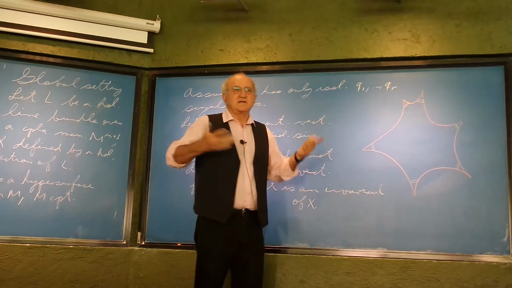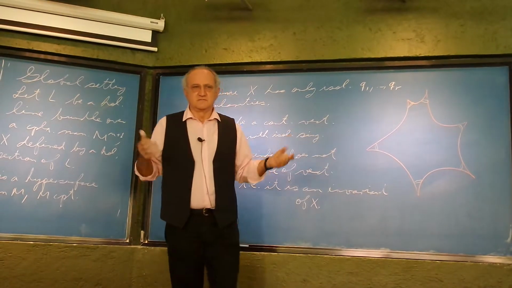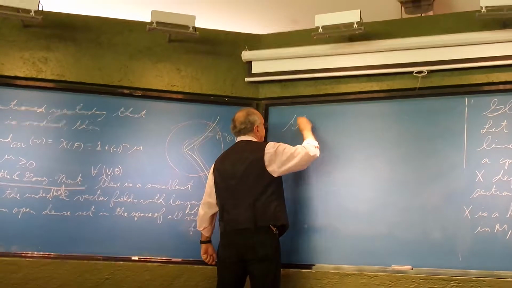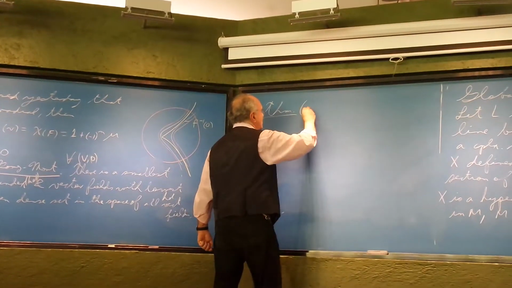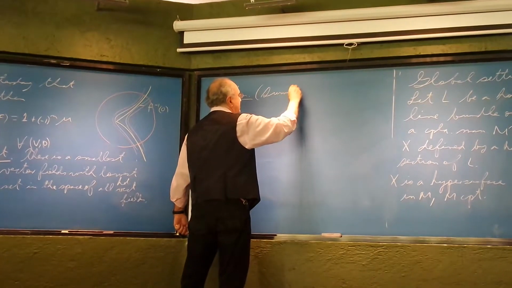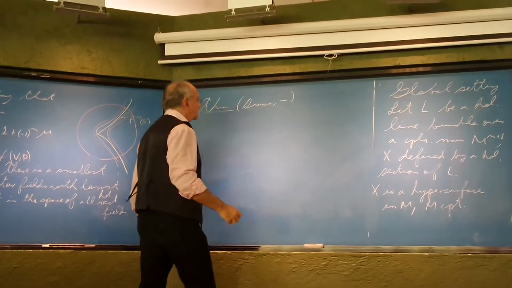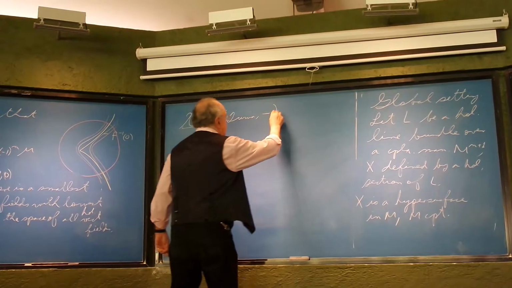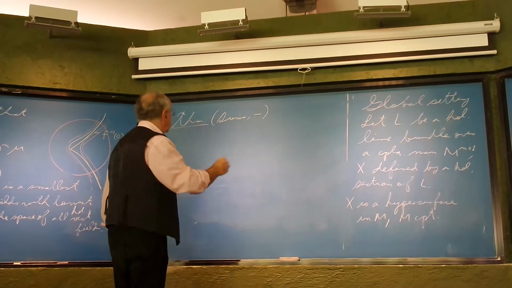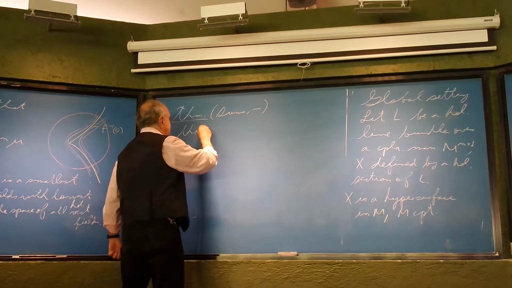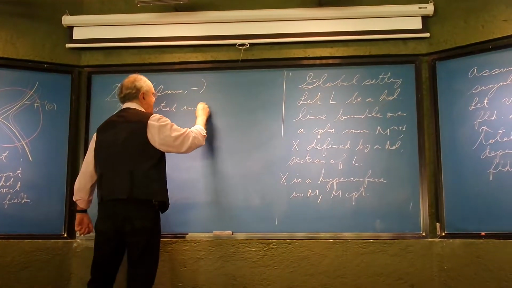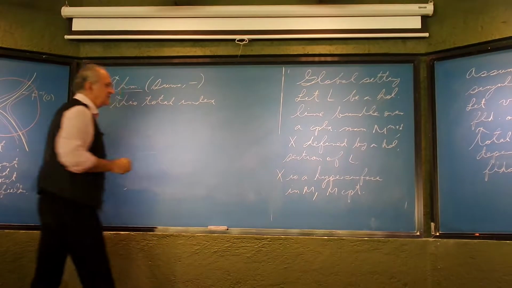When we have singularities, there is a theorem, by Suwa and myself, I remember in the 90s, I don't remember the year. This total index, the first part is very easy to prove.